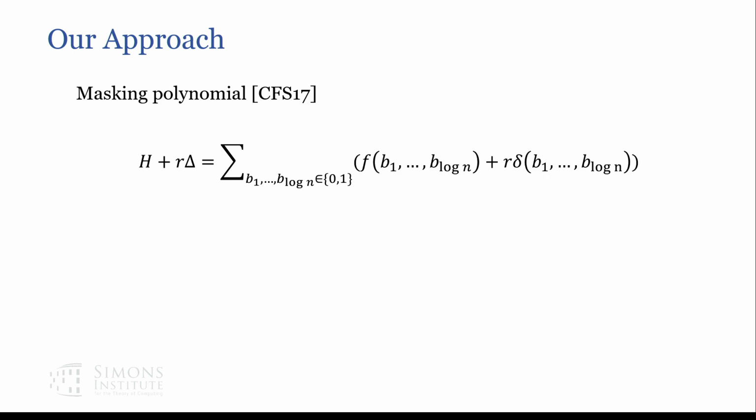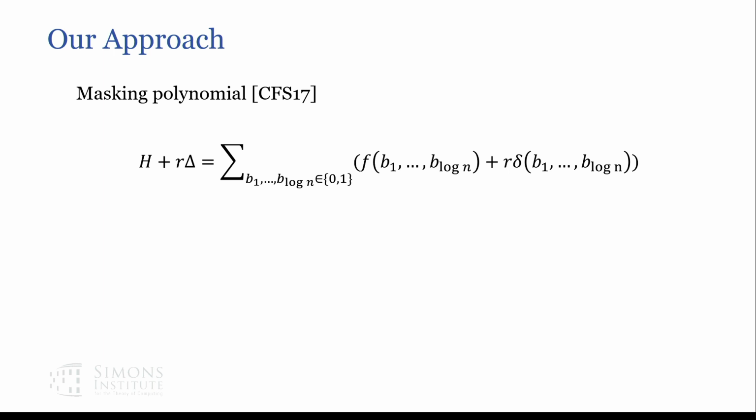By the linearity of Sumcheck, everything still works out. And for security reasons, you need to commit to this random masking polynomial and open it using the polynomial commitment at the end of Sumcheck. Yeah, that's the idea.